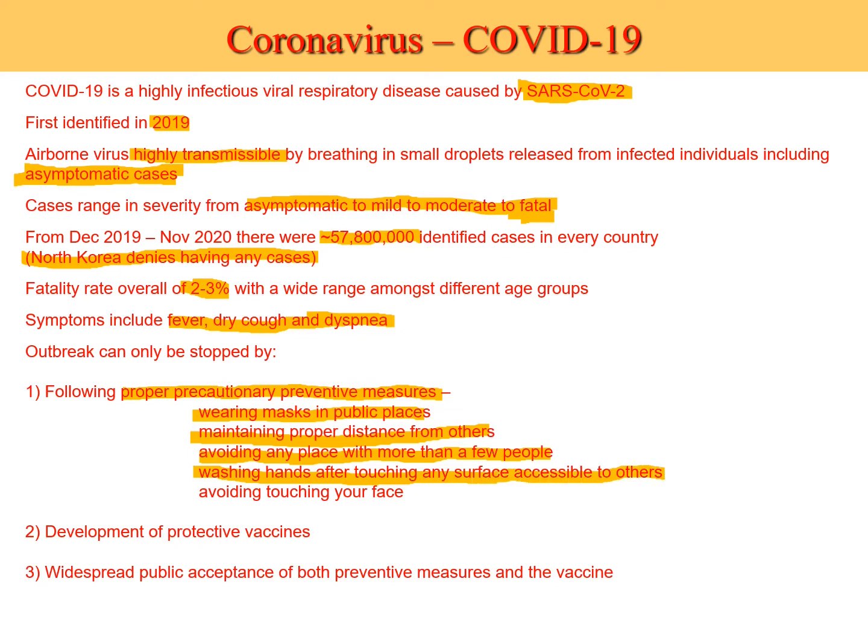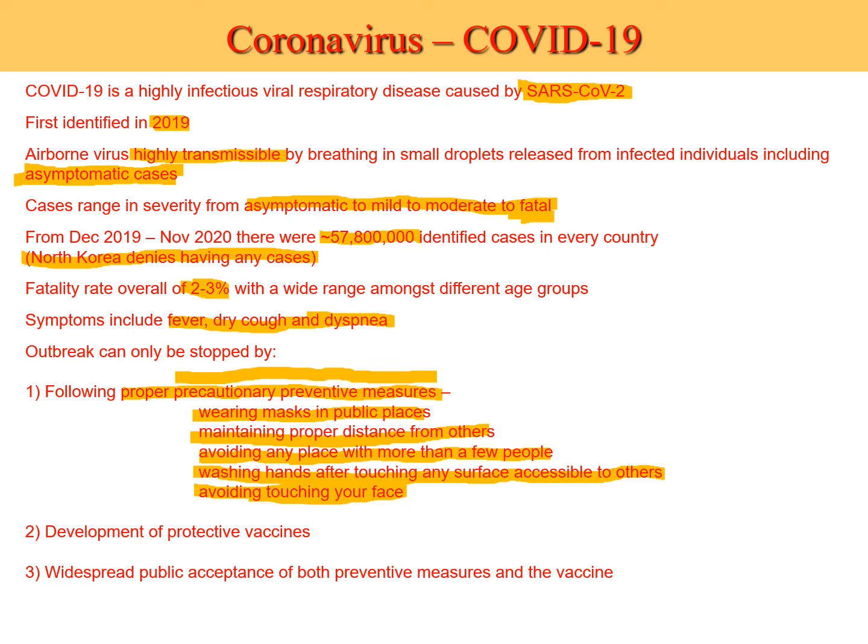If you're at home and you're only touching surfaces that you touched, then you're okay. But to touch an elevator button in a hospital without washing your hands is not a good idea. And avoid touching your face. Those are proper preventive measures that everyone can follow.